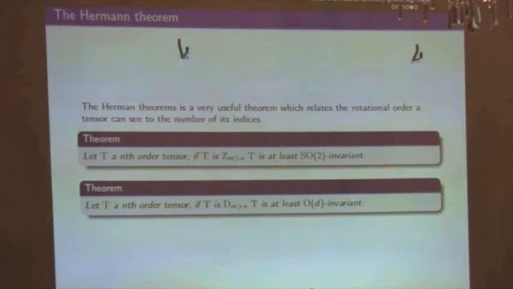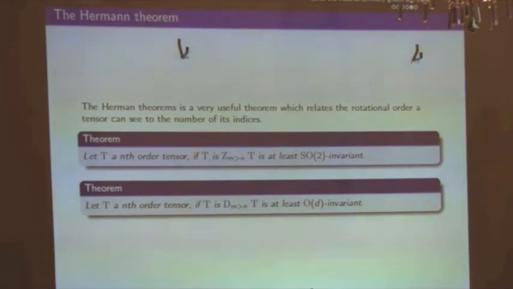Elasticity is a 4-leg tensor, and if I consider a honeycomb, the honeycomb structure is invariant by an axis of rotation of order 6. 6 is greater than the number of legs of my tensor. I'm at least transverse isotropic. That allows you to have a direct and quick answer to many problems.